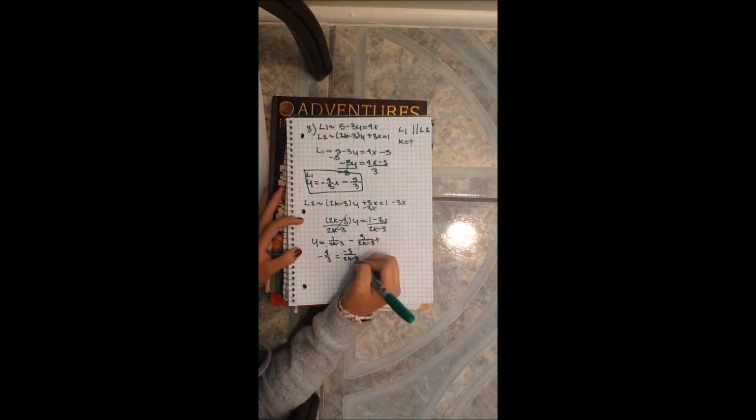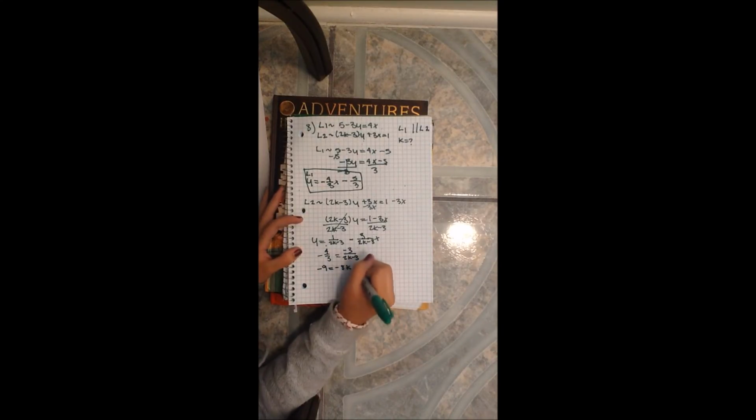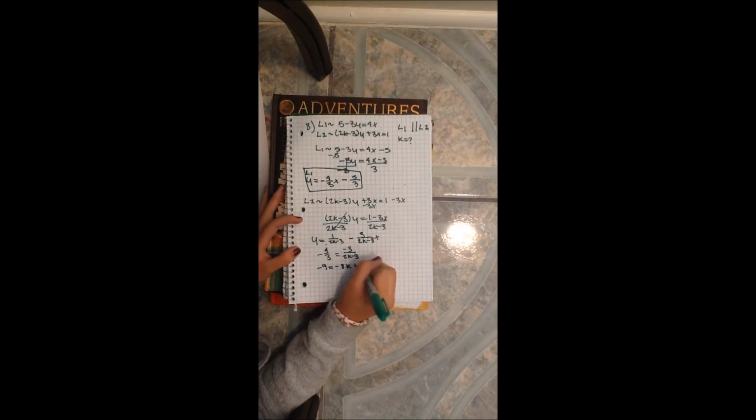So cross multiply. So negative 3 times 3 would equal negative 9. And then negative 4 times 2k would equal negative 8k. And negative 4 times negative 3, negative times a negative equals a positive, so plus 12.